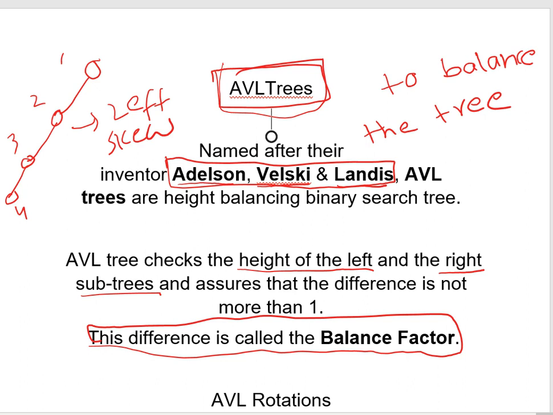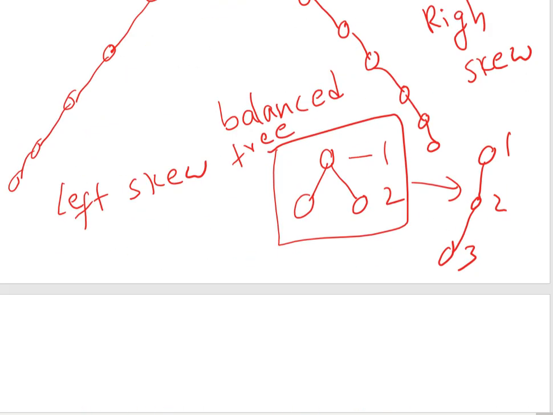Let me give an example. If this is the tree, the height of this node will be 2. The height of this node will be 1. The height of this node will be 0.